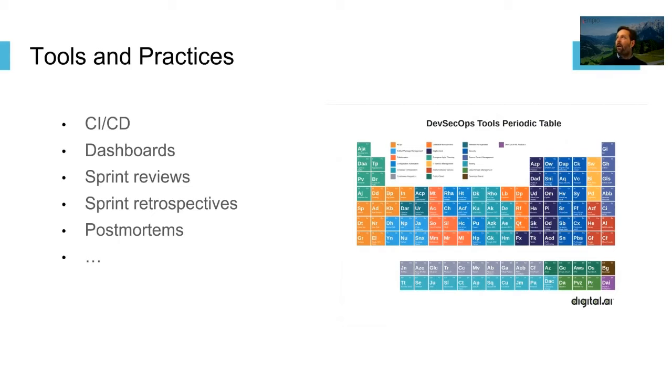And of course, there's a million different ways of creating feedback. Here's just a few. There's CI/CD tools. There are dashboards. There are organizational things like sprint reviews and retrospectives and postmortems.